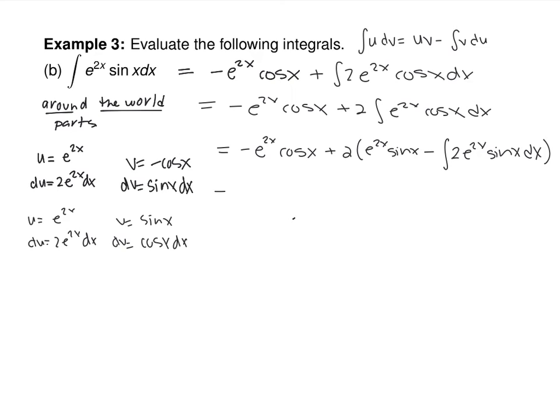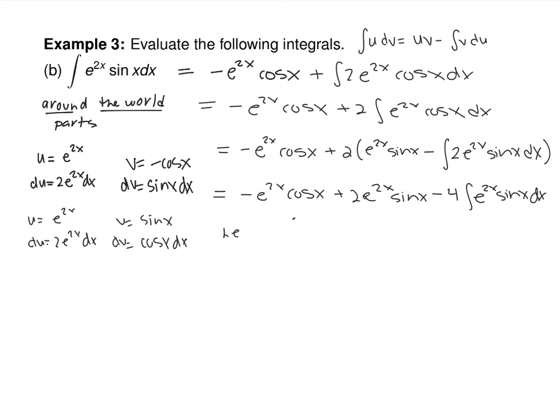And let's distribute that 2 and then discuss what's going on here. Negative e to the 2x cosine of x plus 2e to the 2x sine x minus 4 integrals of e to the 2x sine x dx.